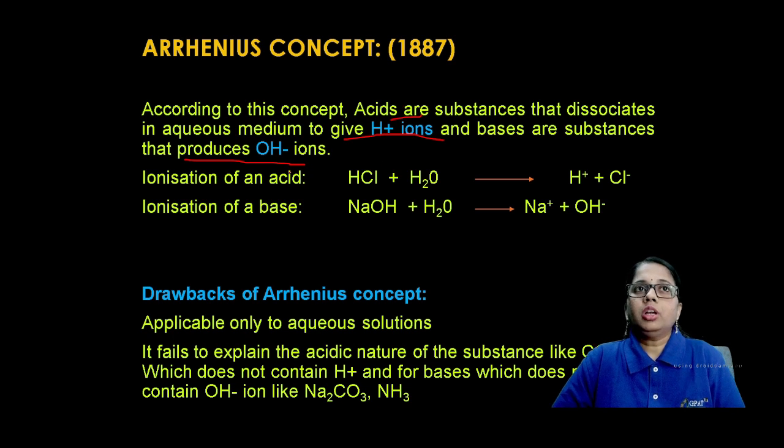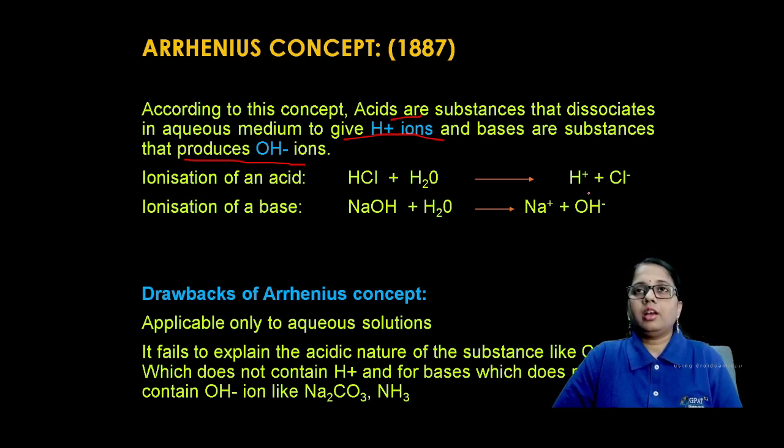Okay, so in the ionization of an acid and the ionization of a base, for example, hydrochloric acid. While in water, whatever the strength of the hydrochloric acid is, the ionization is going to happen like H plus plus Cl minus.